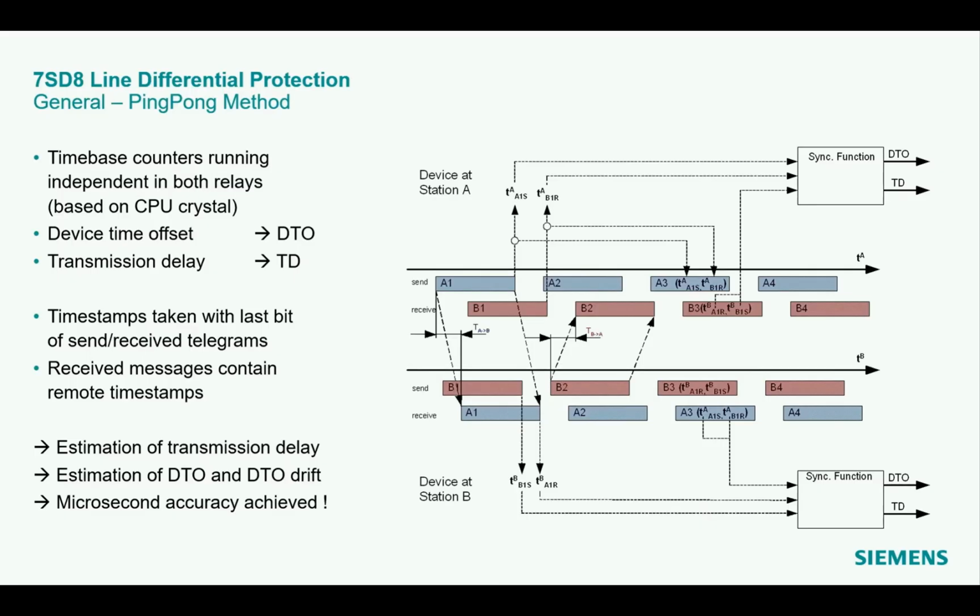With the knowledge of the local timestamp sending a message and the local timestamp receiving a message, and also the information of the processing delay in the remote relay, we can calculate the average transmission delay of the communication path, dt.